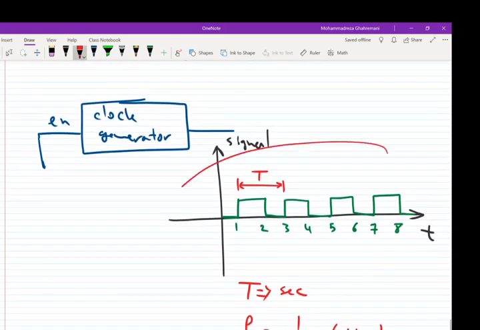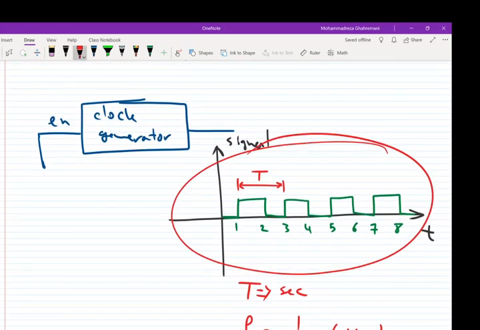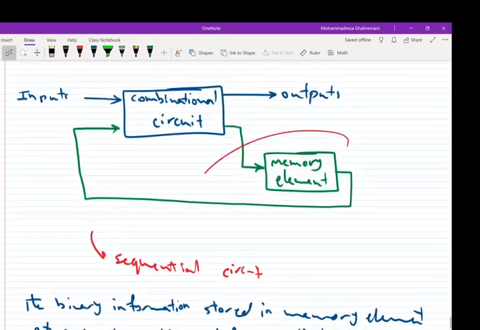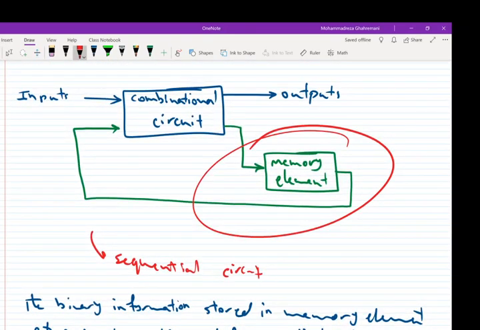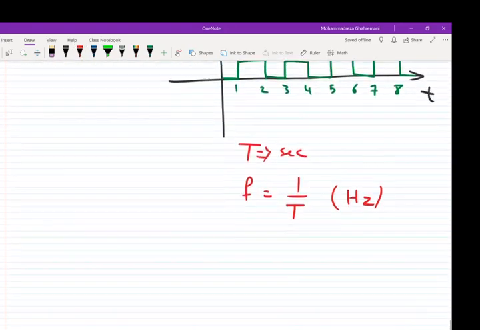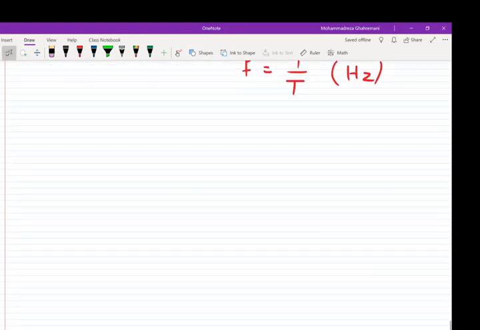generator. This signal will be connected to the memory element in order to synchronize the outputs of the memory element. Okay, so now what is the difference between synchronous and asynchronous sequential circuits?